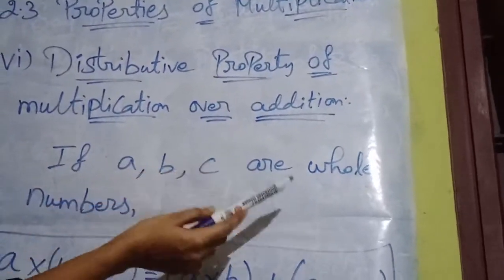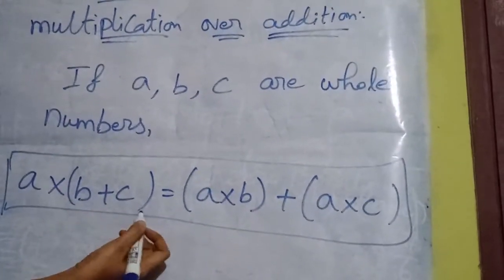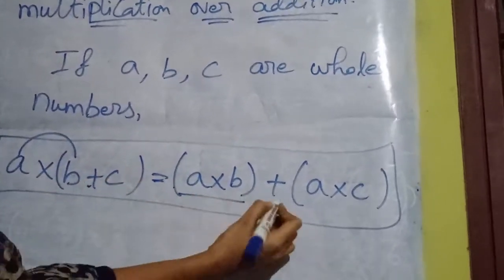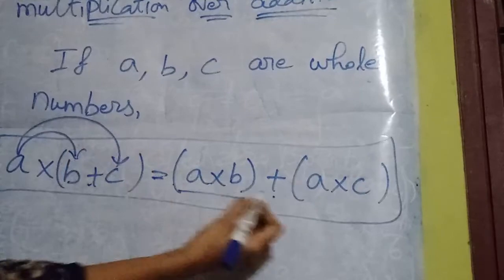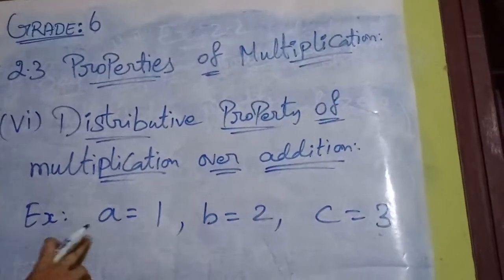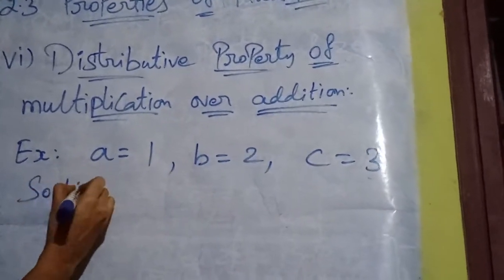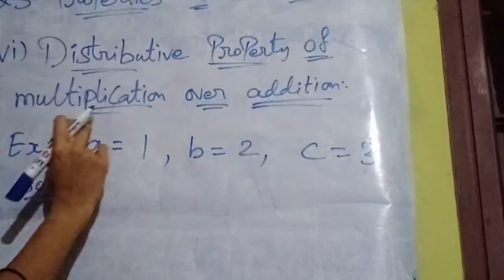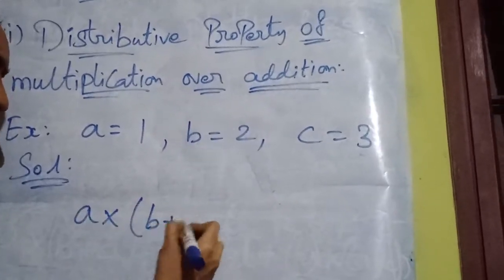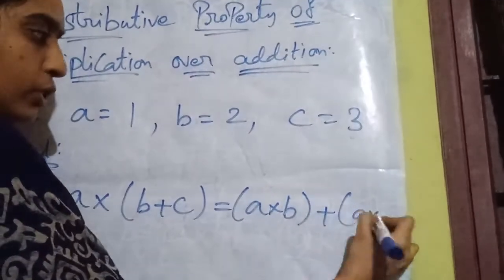If A, B, C are whole numbers, the property is A into (B plus C) is equal to A into B plus A into C. For example, A is equal to 1, B is equal to 2, C is equal to 3. Solution. First write down the distributive property formula. A into (B plus C) is equal to A into B plus A into C.